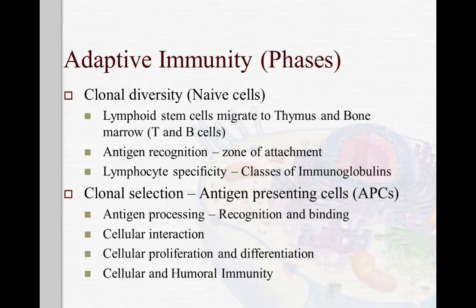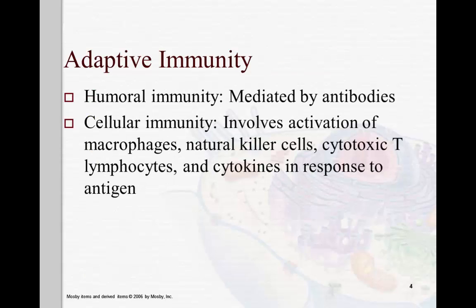So in this group of cells, you have the T cells that facilitate immune response, which are the helper T cells, the B cells that are in charge of antibody production from the plasma cells, as well as dendritic cells and the macrophages. The adaptive immunity is divided into humoral and cellular. Humoral immunity is mediated by antibodies.